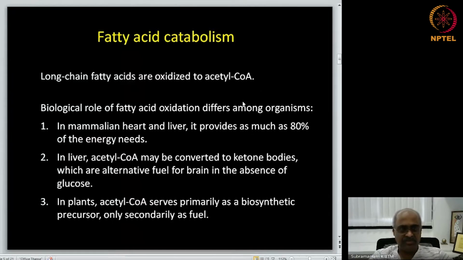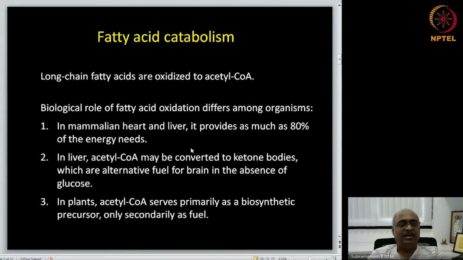So acetyl-CoA we very well know. So therefore all that summary about fatty acid catabolism is fatty acids become acetyl-CoA. Like if you take the 16 carbon fatty acid, palmitic acid, which is one of the most common ones, it can form 8 acetyl-CoA. So it gets broken into 2 carbon moieties.